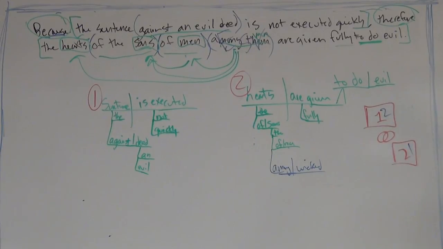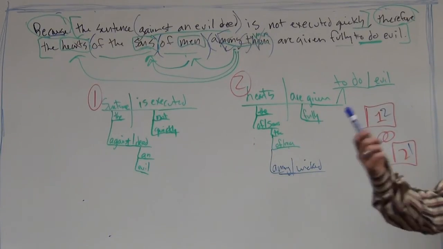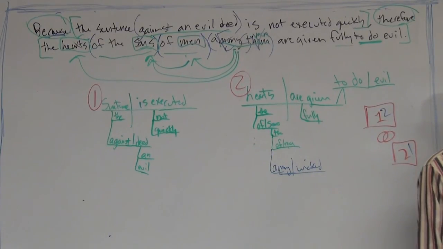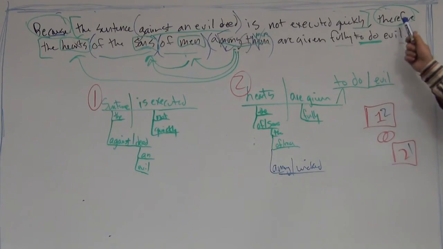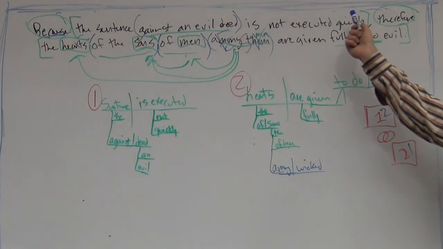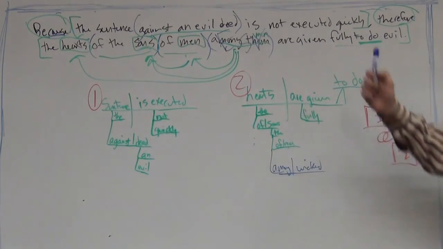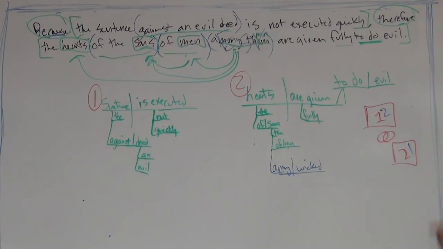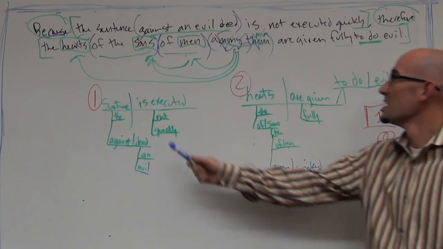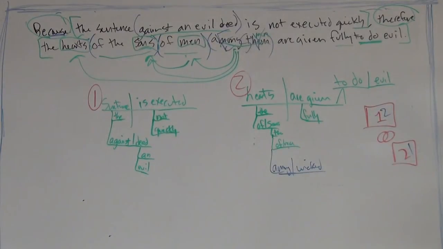What is therefore? It's also a subordinating conjunction, which subordinates its clause to the other clause it's in relationship to. So, this is really awkward. If there were no because, if you just said, the sentence against an evil deed is not executed quickly, therefore, the hearts of the sons of men, I'll simplify it. Sentence isn't executed, therefore, hearts are given to evil.